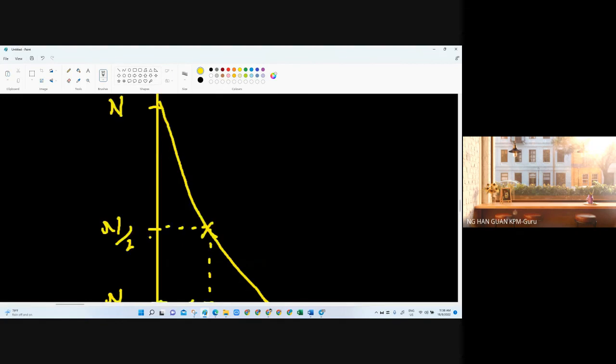Based on this decay curve, we minus 25% and remaining 75%. So it means minus 1 over 4, remaining 3 over 4. So 3 over 4 will be here, this one is N multiplied by 3 over 4.